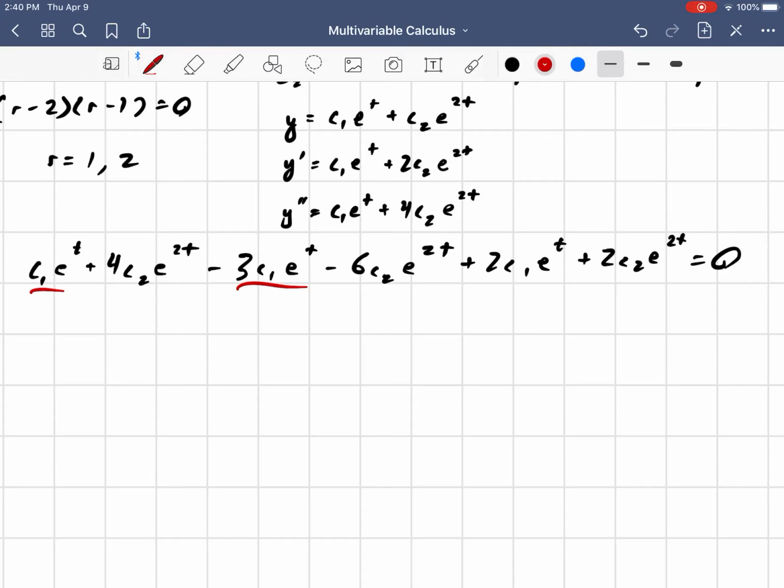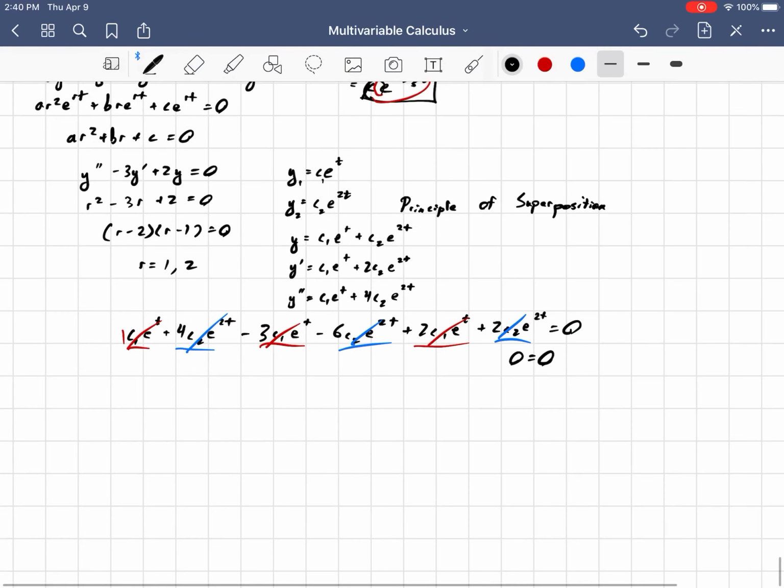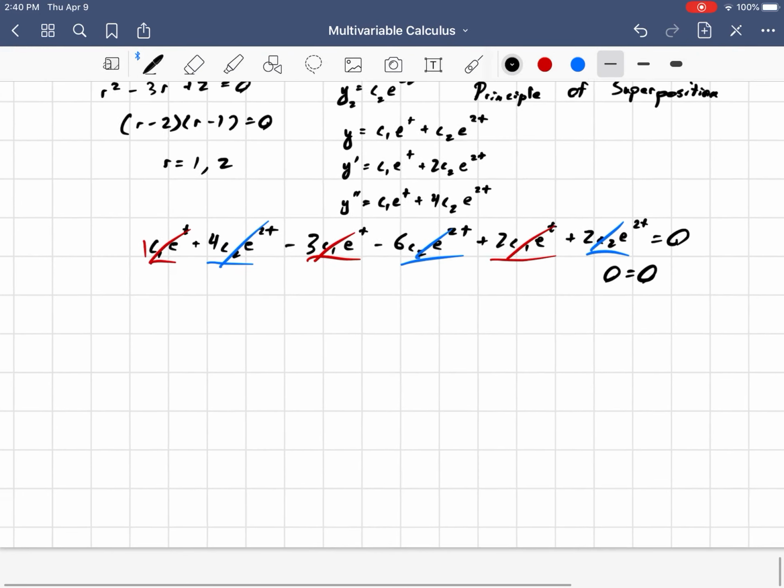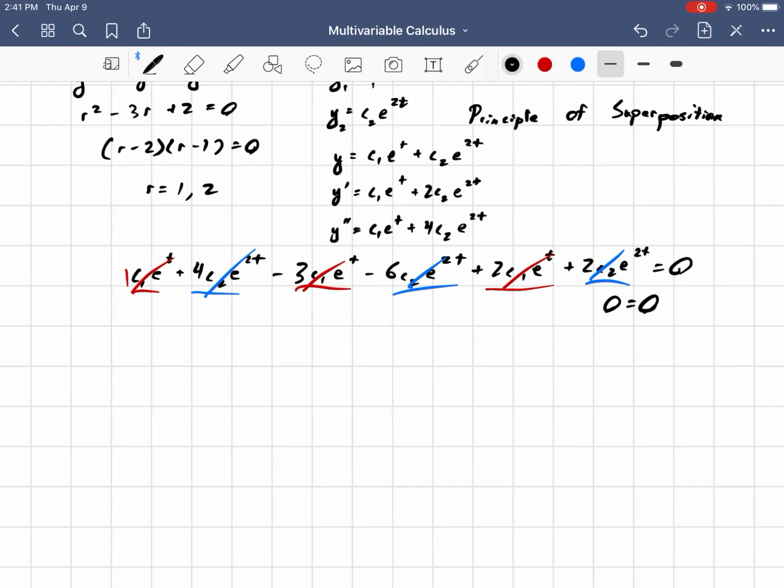So we have c sub 1 e to the t three times, and then we have c sub 2 e to the 2t three times. So we have one of these, minus 3, that's a minus 2, but then we add 2 more, so all of these go away. And then we have 4 minus 6, that's minus 2, but then we add 2 more, so those go away. So this is the most general solution to the differential equation, and it checks out. 0 is equal to 0.